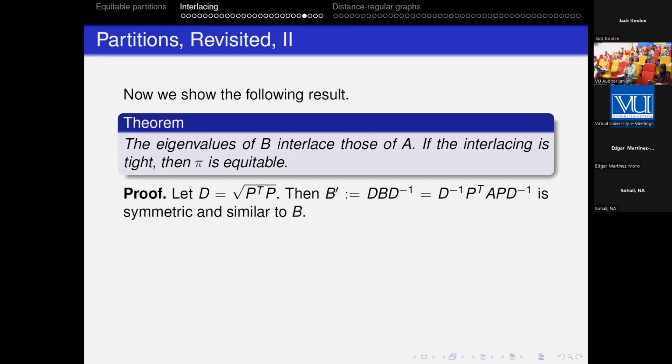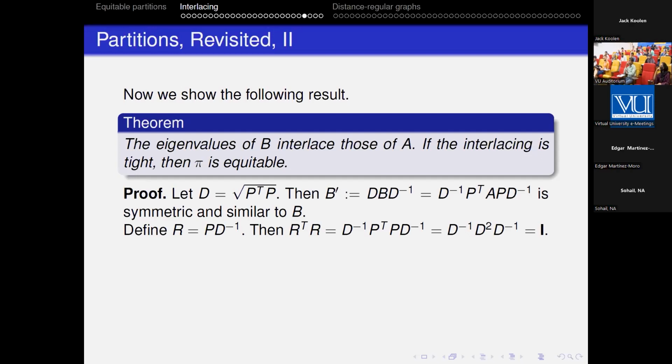That you see by the expression D inverse P transpose A P D inverse. Yeah, that's correct. And it's similar to B, yes, because B prime is D B D inverse. Yes, and D is clearly invertible.